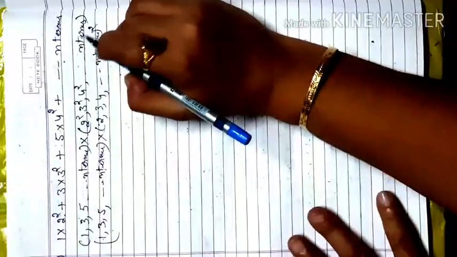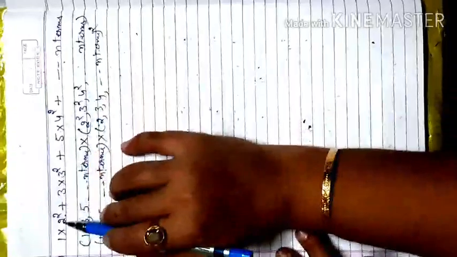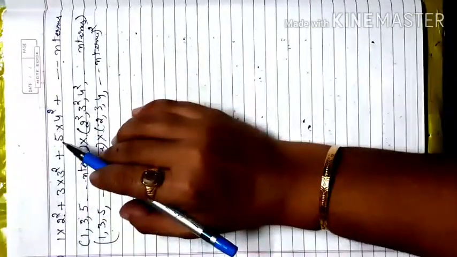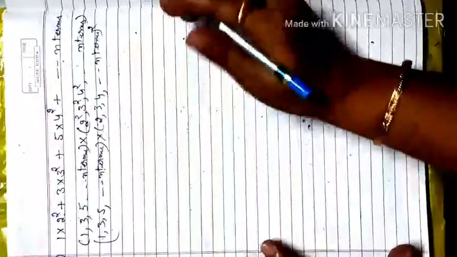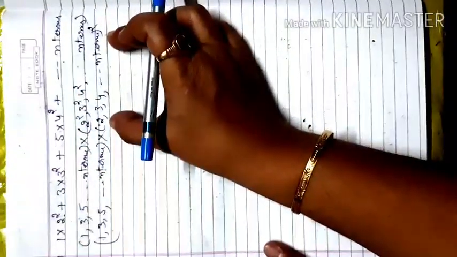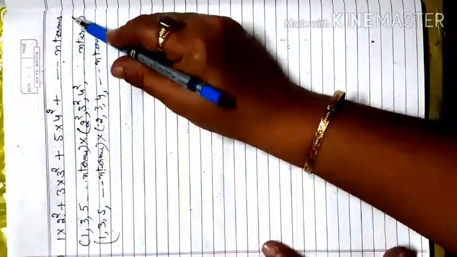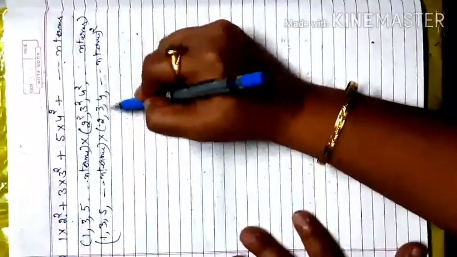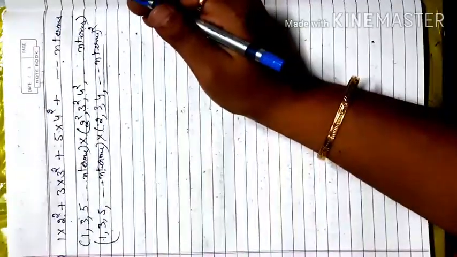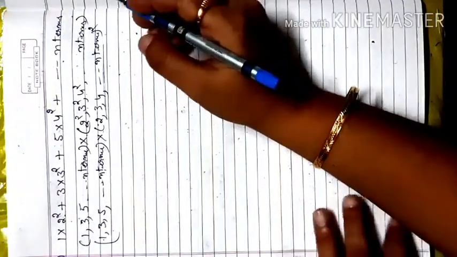It doesn't mean you have to do this only for this type of series. If only a single term is given, like only 2 square, 3 square, 4 square up to n terms, without 1 3 5 accompanying it, you pick only this portion. First write 2 square, 3 square, 4 square up to n terms, then take the 2 common. If it is cube, then take 3 common as a power, and the inside term will be considered as your nth term according to an AP series or GP series, whatever series it is.